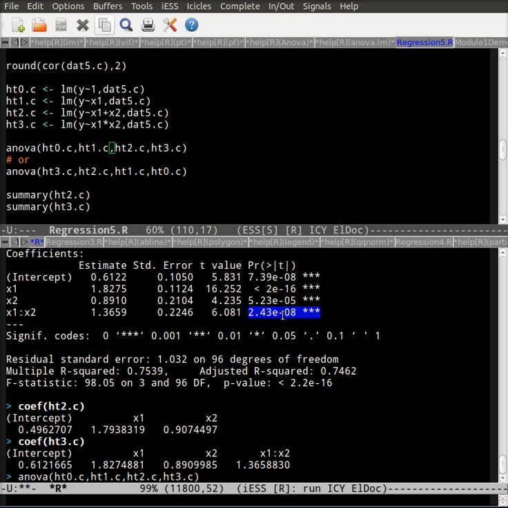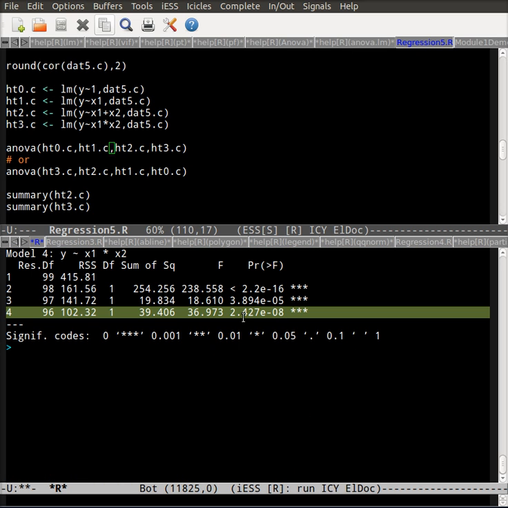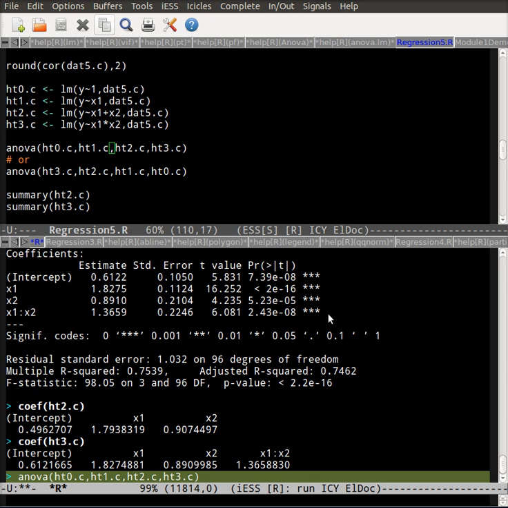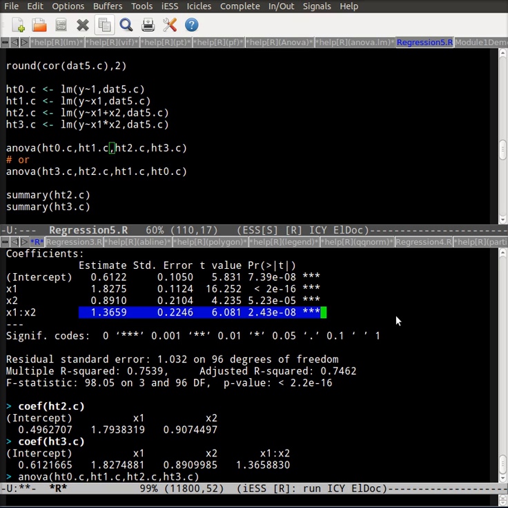So it's a test of whether with the interaction versus without the interaction, and that p-value, that's the difference between these two models, is reflected in the F-test, or the probability test, and the t-value associated with the interaction. Okay, so as I warned you before, that this was going to take a while.